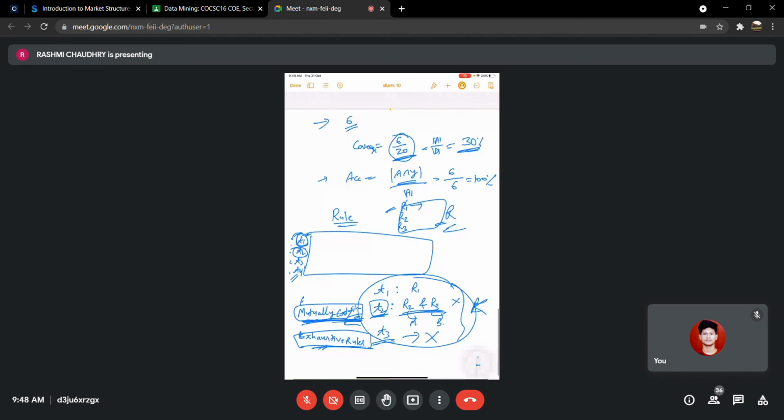For that we have two types of strategies: ordered rules and unordered rules. Ordered rules give us a rule set where rules are ordered in decreasing order of their priority. The high priority one will be at the top, then the lower priority ones after that. This type of ordered rules gives us a decision list.